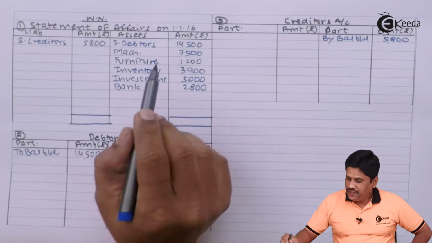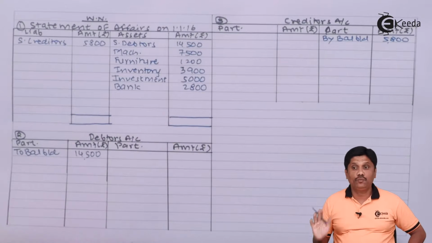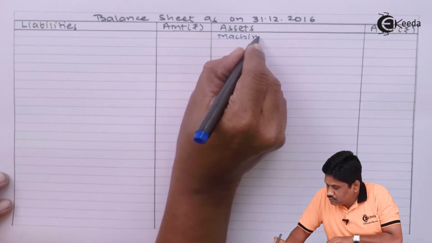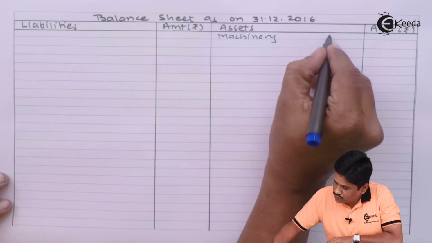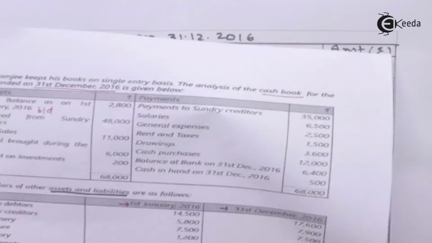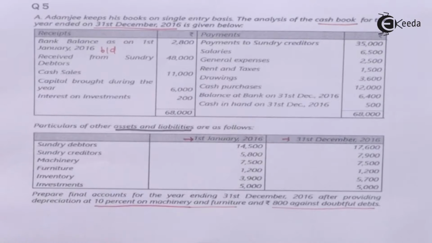Next amount in the balance sheet is machinery. So I am noting the balance sheet amount as an opening balance in the current year's balance sheet. Check what they have mentioned. They have mentioned that we have to provide 10% depreciation on machinery.